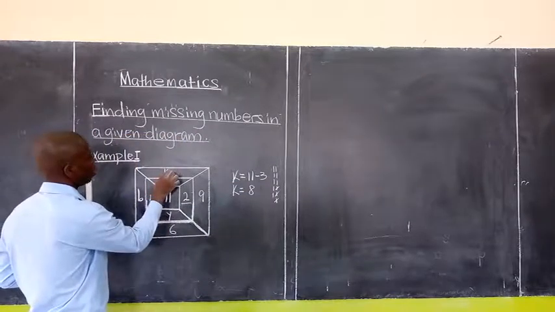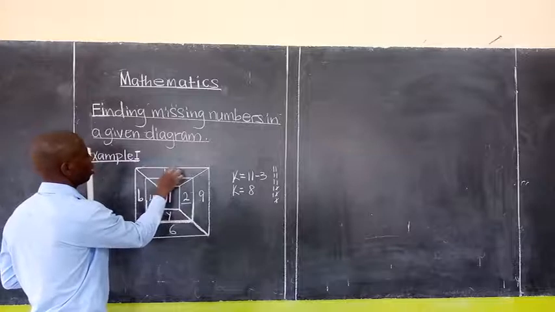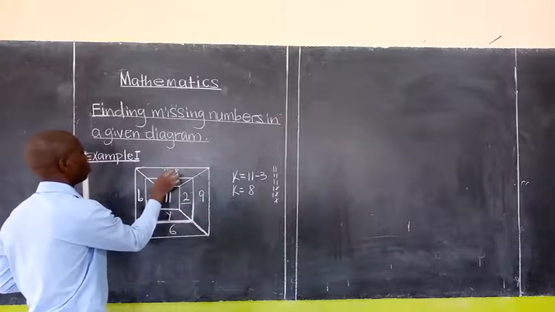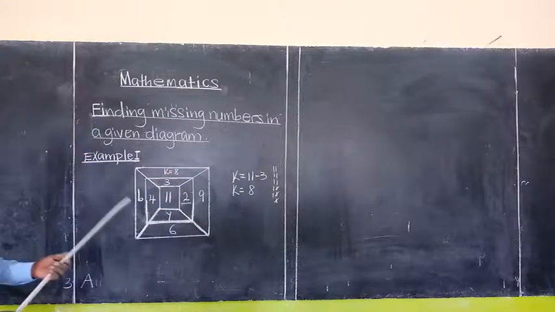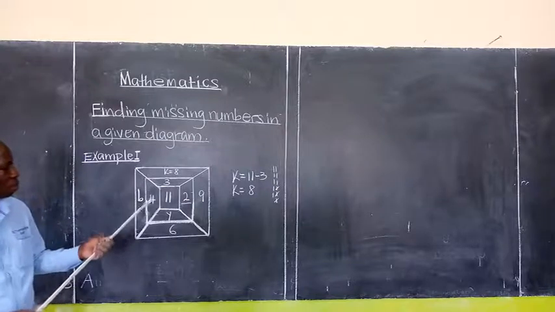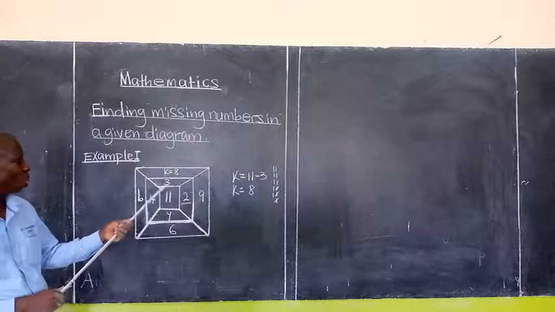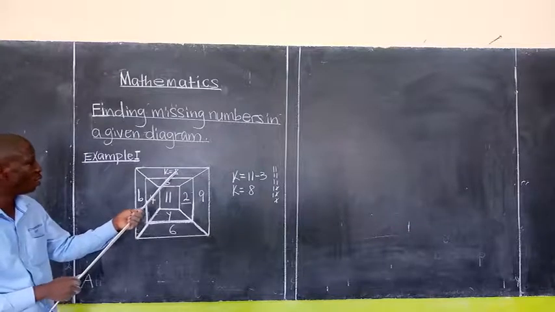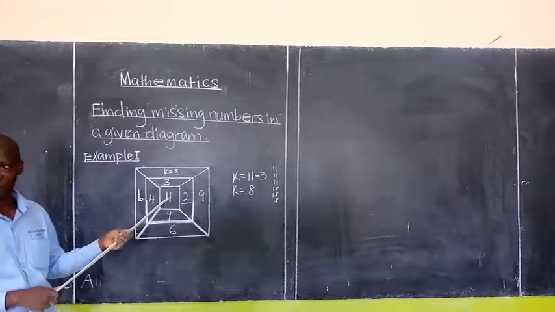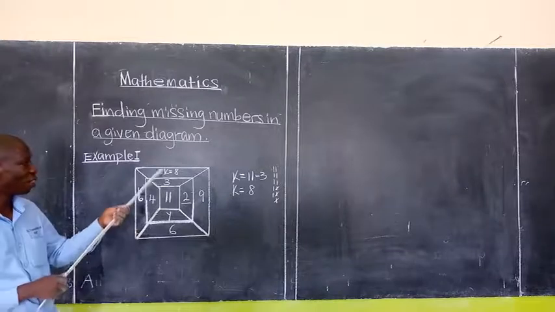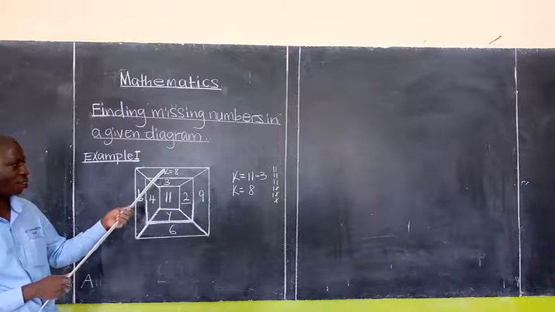We get K by subtracting 3 from 11. Once you add 3 to 8, you end up getting 11. So our missing number here is 8.